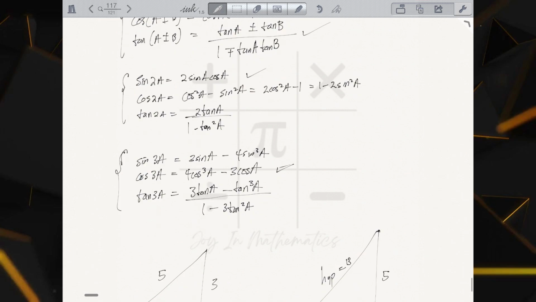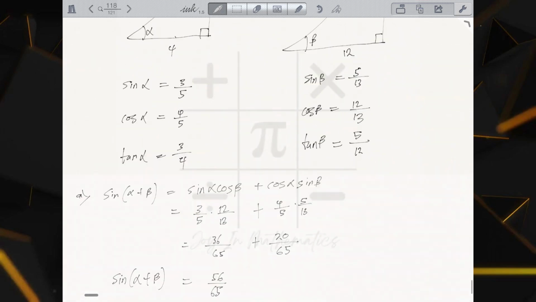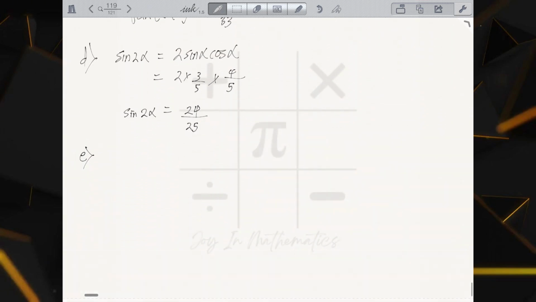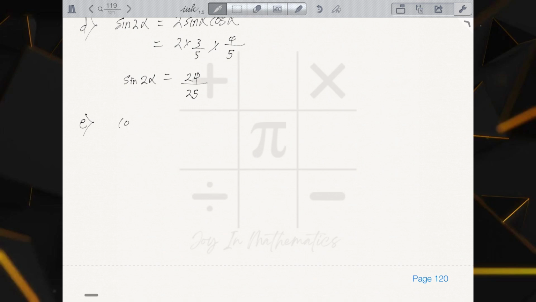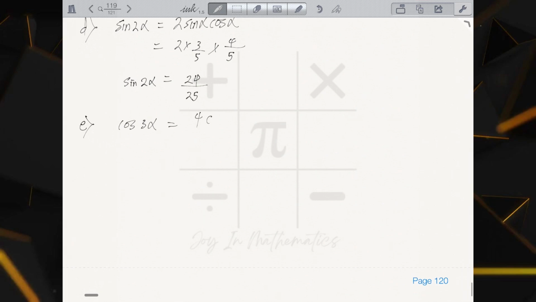So now let's write that expression in terms of alpha. So we will have that cos 3 alpha equals 4 cos cube alpha minus 3 cos alpha. Now this is similar to writing 4 cos alpha raised to the power of 3 minus 3 cos alpha.